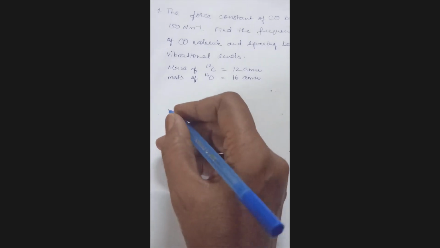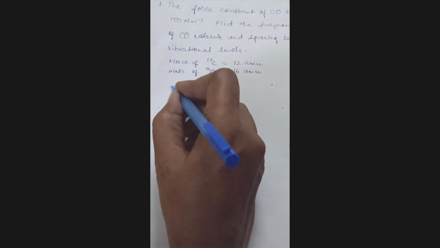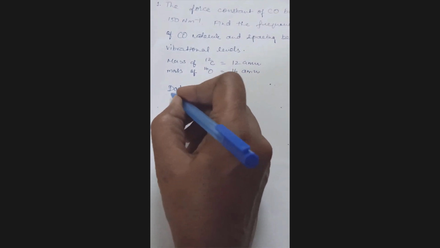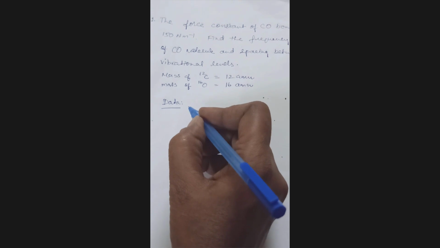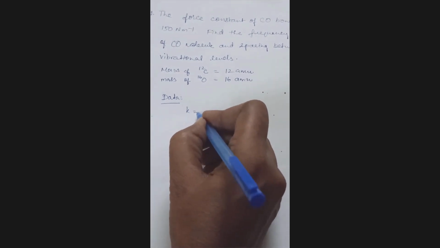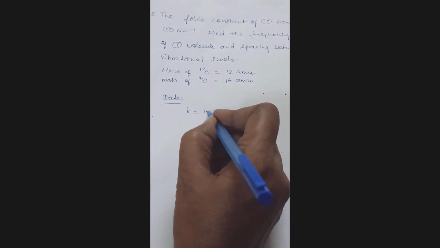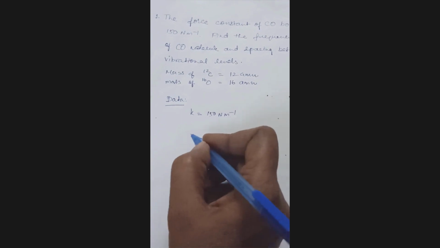Now let us see the data given here. The data given, we'll write down. Data that is given is force constant K is equal to 150 Newton per meter.